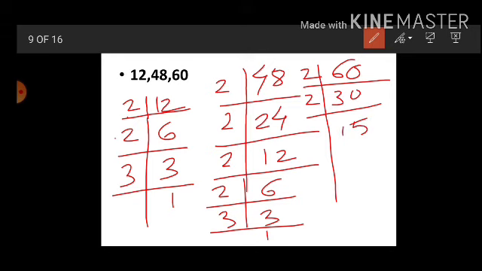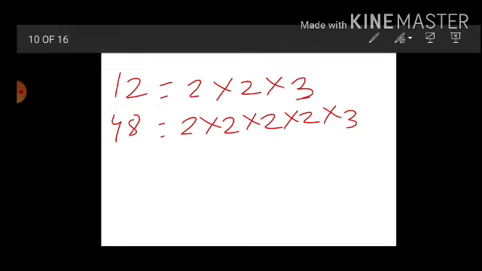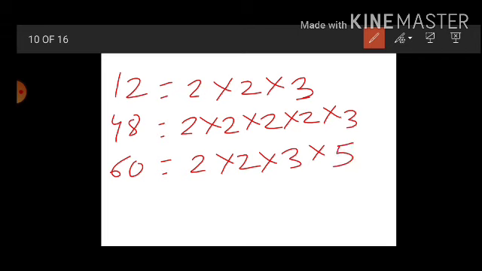Now 15 is an odd number, so it is divisible by 3. 3 5s are 15 and 5 1s are 5. Now these are the prime factors of 60. 2 2s are 4, 4 3s are 12, 12 5s are 60.